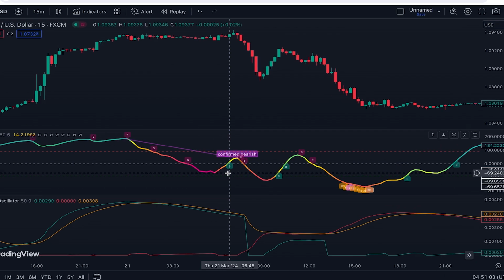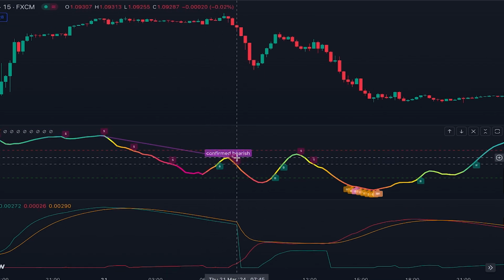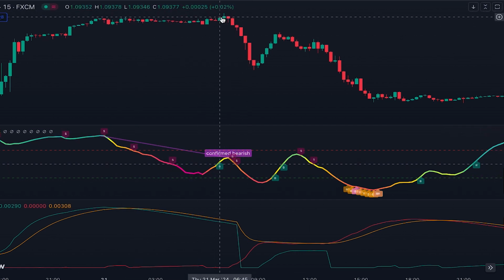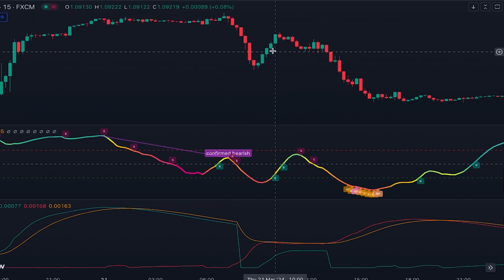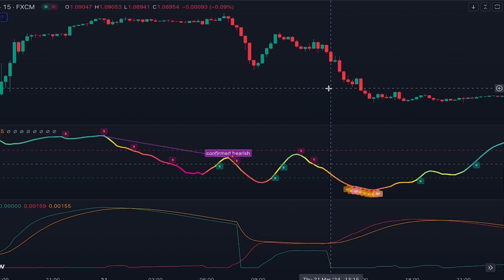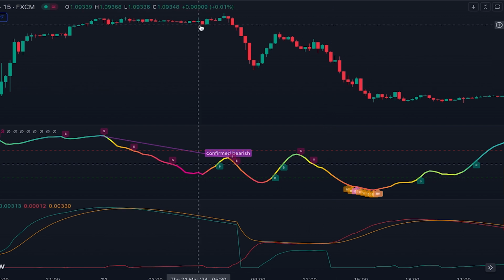Alright, now by the help of these two indicators, we will be able to take the best signals with the highest probability. When we have a confirmed bearish signal, which means there is a divergence between this line and the price movement, it gives us the signal that probably we will have a downside reversal, and the price is going to decline. We can enter a trade by the help of two methods. The first one would be based on price action, and this is a more aggressive method and you take more risk.